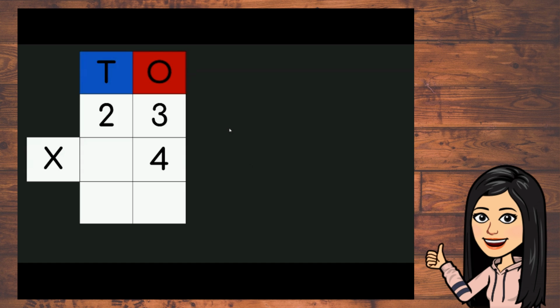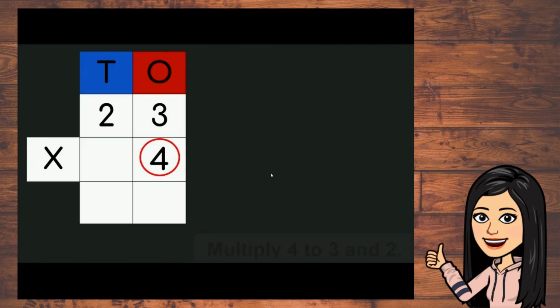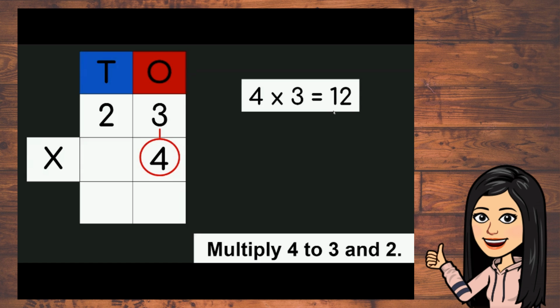So again, multiply the digits on the bottom to the digits on the top. So 4 times 3 is equals to 12. Now you cannot put a 2-digit number under ones place. So you have to separate these two numbers. So you have to put 2 here and then 1 here.